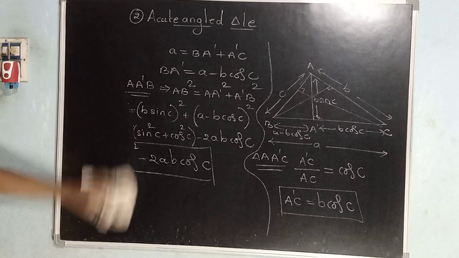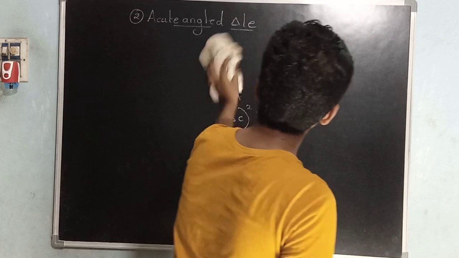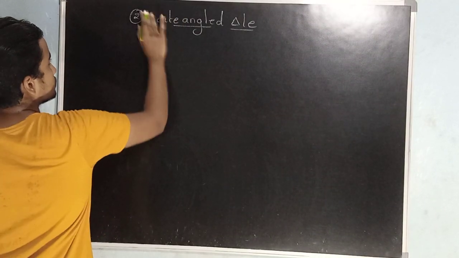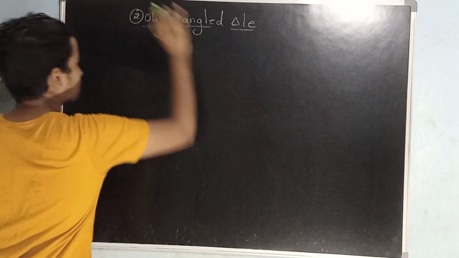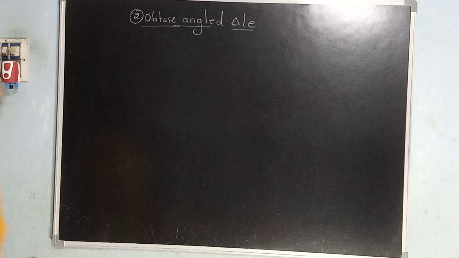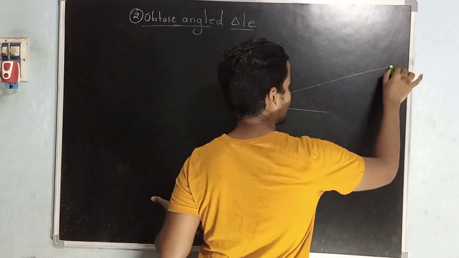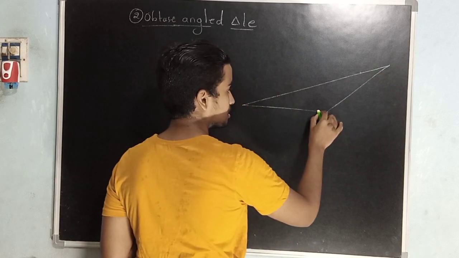So the third case that we are going to take is the obtuse angle triangle. Obtuse angle triangle is nothing but one of its angles is obtuse.